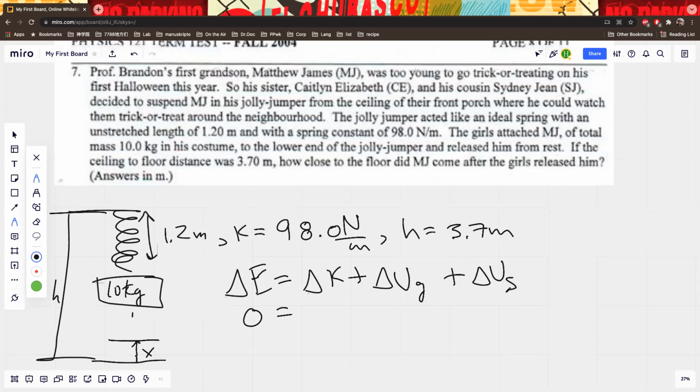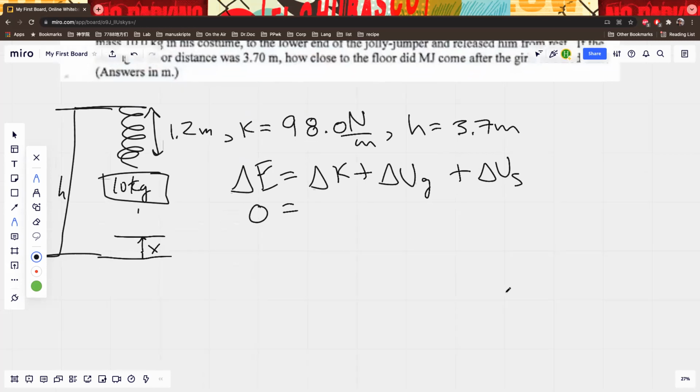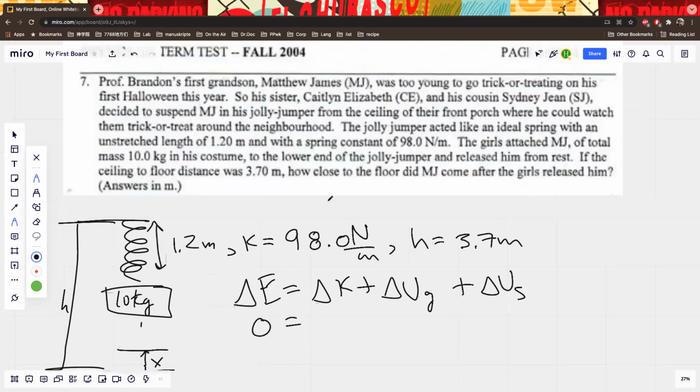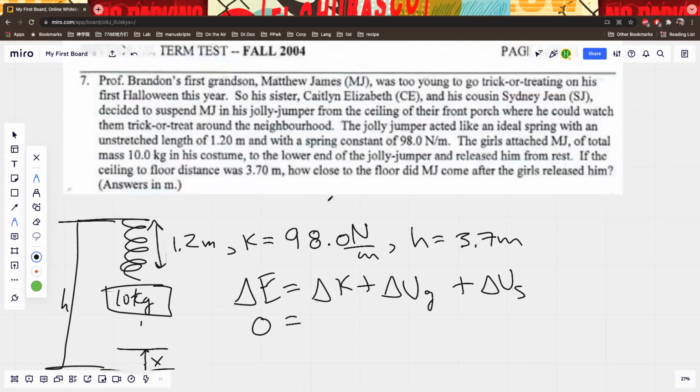And then, okay, so for delta K, and wait, could you scroll up to the actual question for a second? I just got to see where the actual starting point is. Okay, so he is released from the top minus the length of the spring.